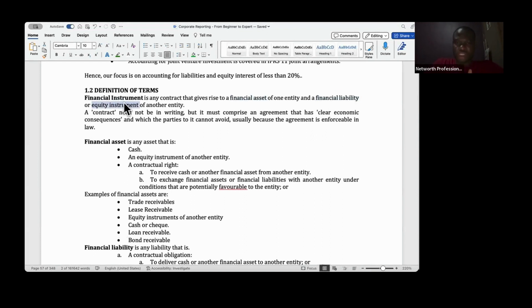When we understand those three, then we'll look at some examples of financial instrument contracts. Then it's going to make more sense for us when we understand the entire elements affecting a financial instrument. So what is a financial asset?